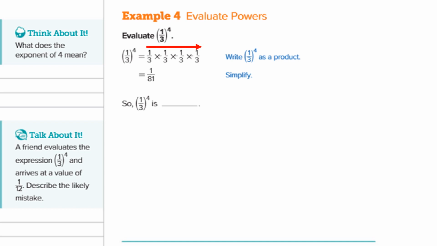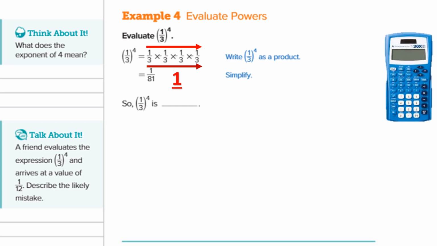Look at your numerators. You have 1 times 1 times 1 times 1. Well, 1 times 1 times 1 times 1 is what? It's simply 1. Then when I do my denominator, I just take my handy dandy calculator and I type in 3 times 3 times 3 times 3. That's going to give me a denominator of 81. My final answer is 1 over 81, right?